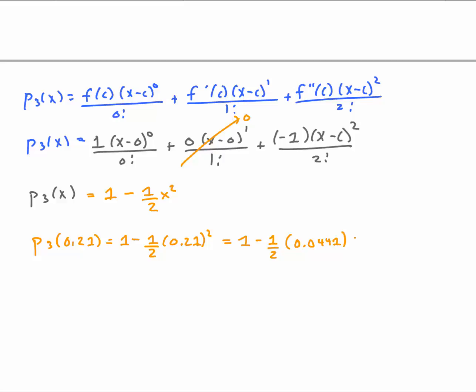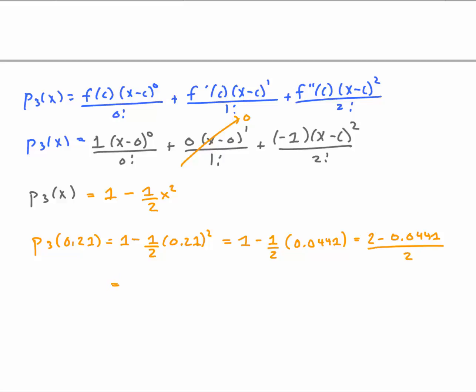Okay, continuing to simplify. I have a decimal and a fraction mix, which I don't like, but we'll figure that out. So I'd find a common denominator, 2 minus 0.0441, all over 2.